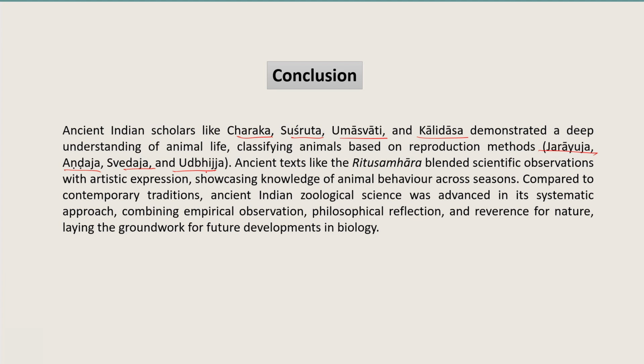Ancient texts like Ritusamhar blended scientific observations with artistic expression, showcasing knowledge of animal behavior across seasons. Compared to contemporary traditions, ancient Indian zoological science was advanced in its systematic approach, combining empirical observation, philosophical reflection and reverence for nature, laying the groundwork for future developments in biology.